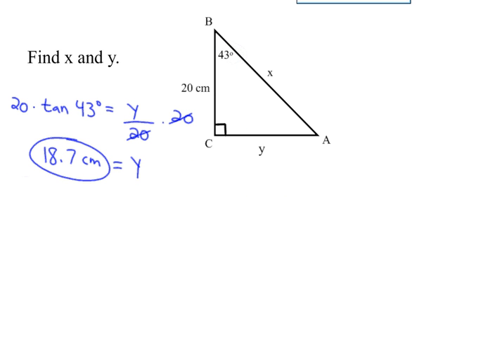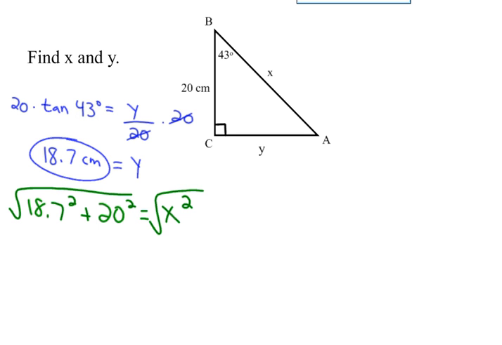All right, let's find x. There are two ways to find x now. Since we just found y, we could apply the Pythagorean theorem. And we would have 18.7 squared plus 20 squared equals x squared, because that's our hypotenuse. To solve for x, we'd take the square root of both sides, and we'd plug that into our calculator.